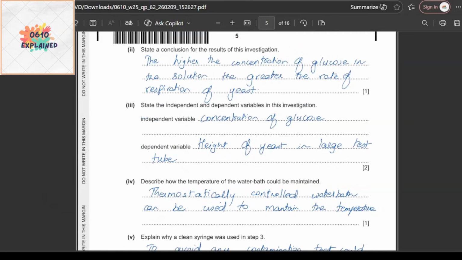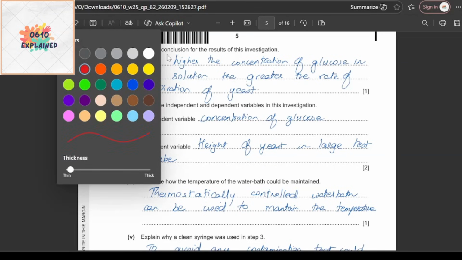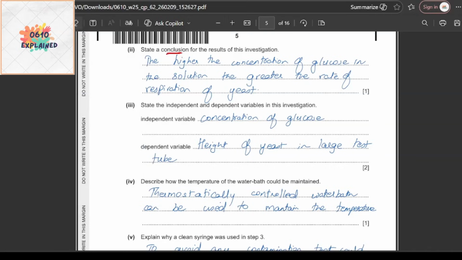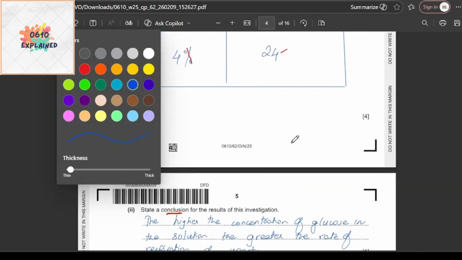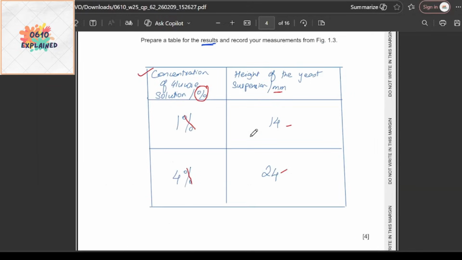State the conclusion for the results of this investigation. Now be very clear when they use the word conclusion. Conclusion is not an observation. If you had to write an observation, you would have just said that as the concentration of the glucose increases, the height of the suspension is increasing from 14 to 24.